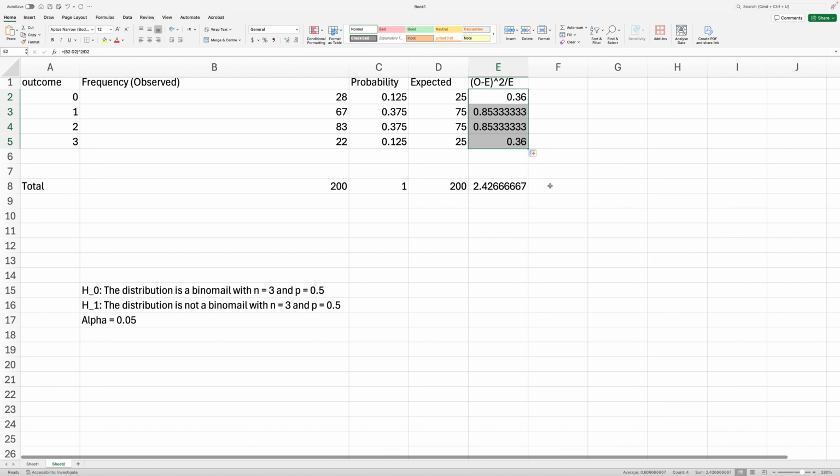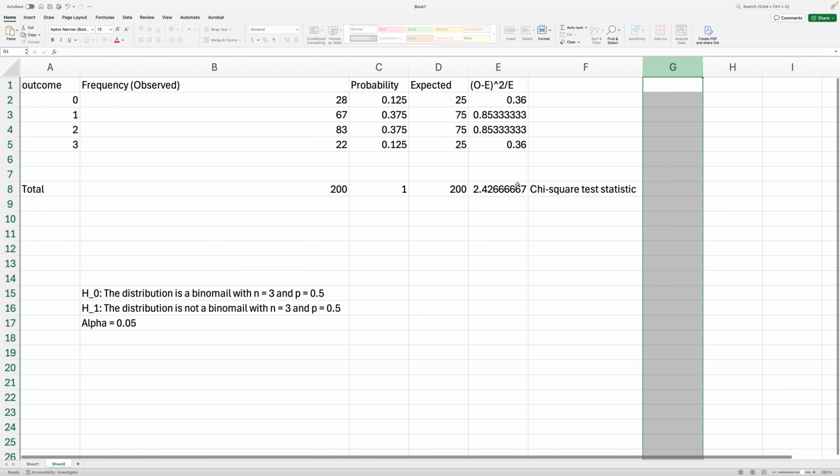So we have the chi-square test statistic here, which is equal to 2.4.